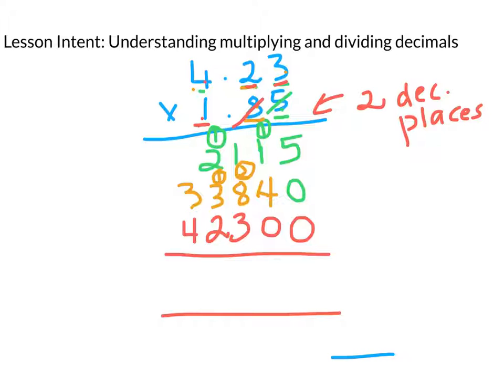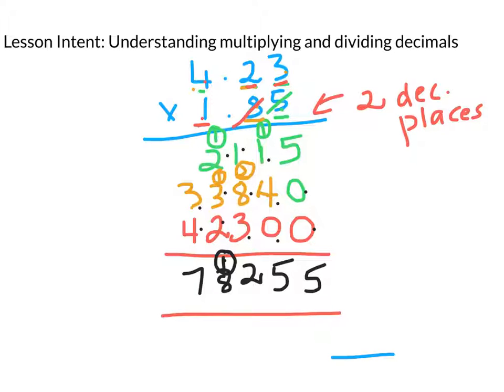Okay, so let's add that up. 5 plus 0 plus 0 is 5. 1 plus 4 plus 0 is 5. 1 plus 8 is 9 plus 3 is 12, and 2 plus 3 is 5, plus 2 is 7, plus 1 is 8, and we have 3 plus 4 is 7.